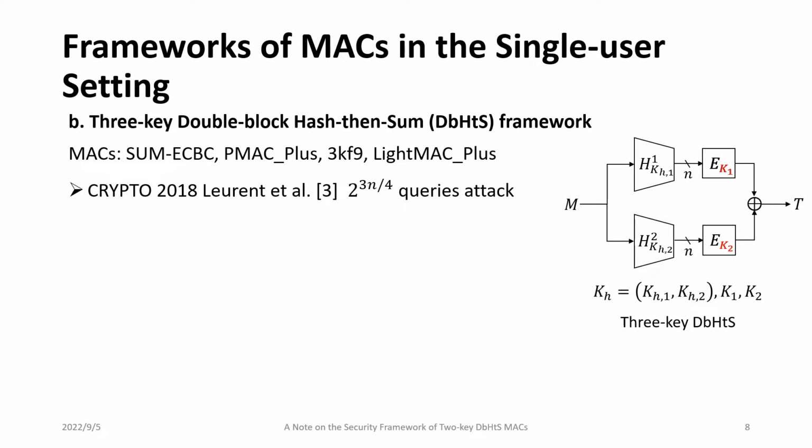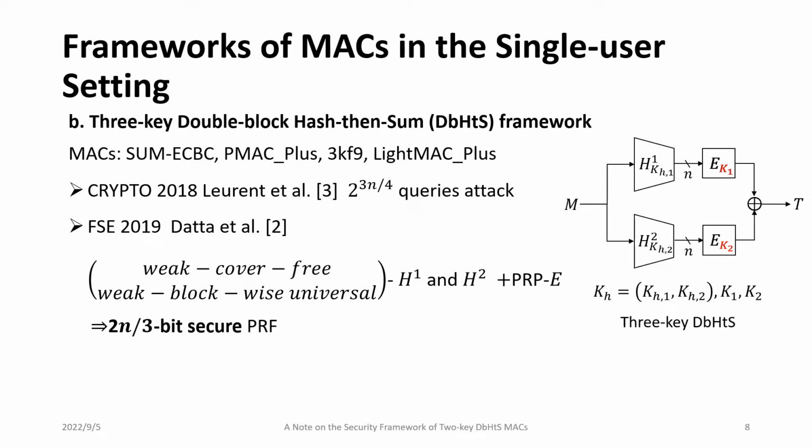At Crypto 2018, Leurent et al. gave an attack against it with about 2 to the power of 3n/4 queries. At FSE 2019, Datta et al. proved when the two hash functions are weak cover-free and weak block-wise universal, the 3K DbHtS is 2n/3-bit secure.